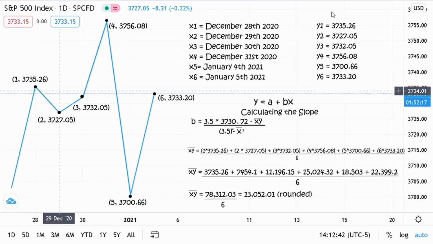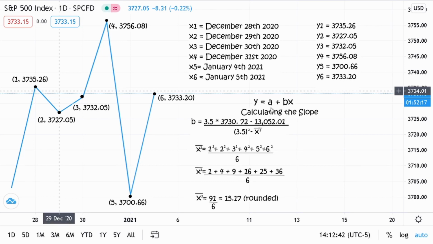And then we're going to multiply it by its corresponding closing price, or y value, which is $3,735.26. We're going to do that for all of our x values, as you see here. Then we're going to divide by 6 because we're looking at 6 variables. What we get for the mean of x times y is $13,052.01.